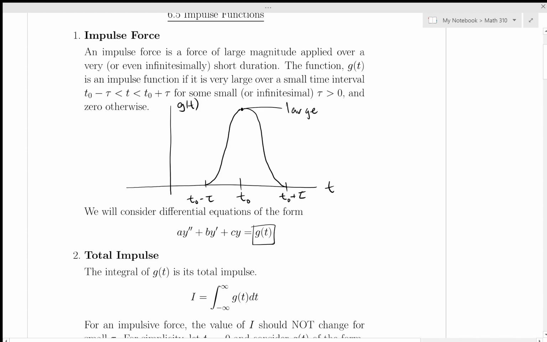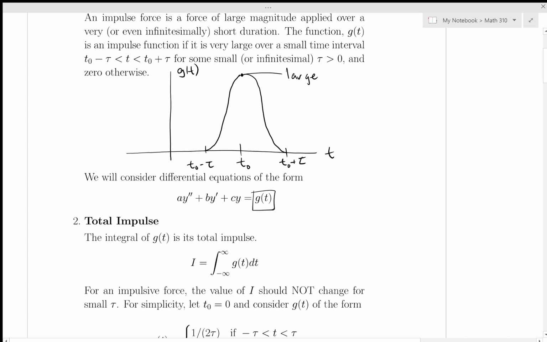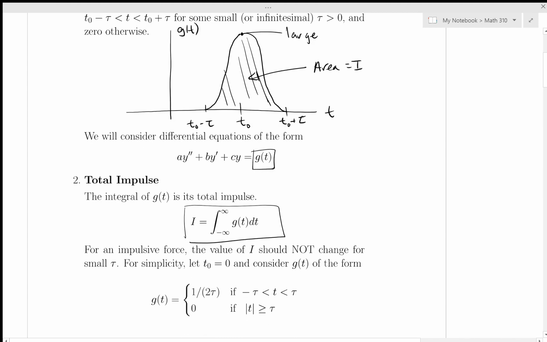Now, an important feature of this type of function, and what we want to set it up to have, is that when we compute the area under it, the integral from minus infinity to infinity of g of t, that is the area under the impulse function, and that is going to be this area right here, equal to I. And what we want to do is choose the function g of t so that the value of I, the area under the integral, does not change as we change tau.